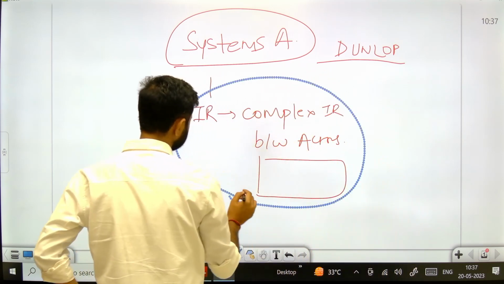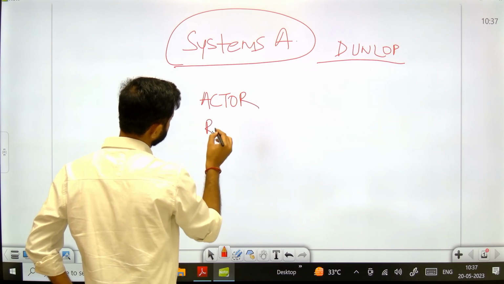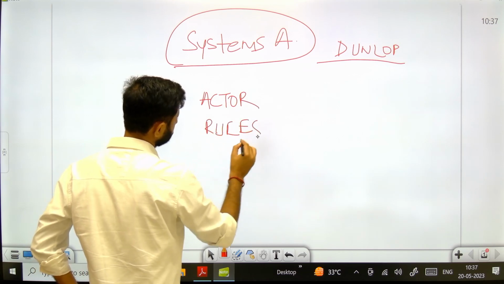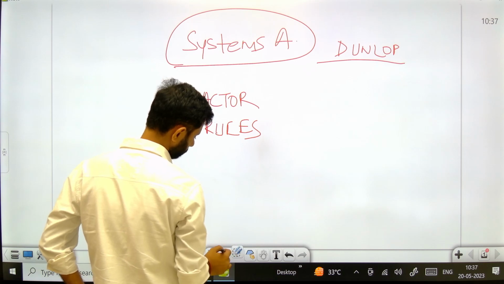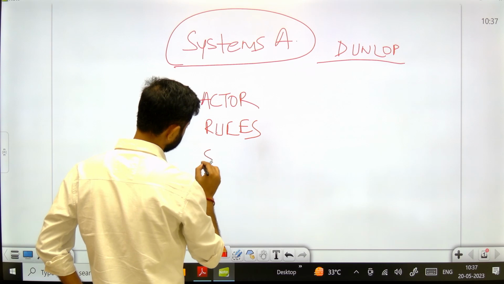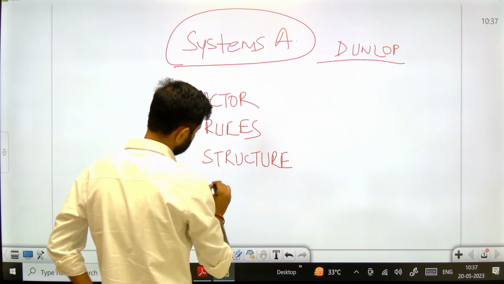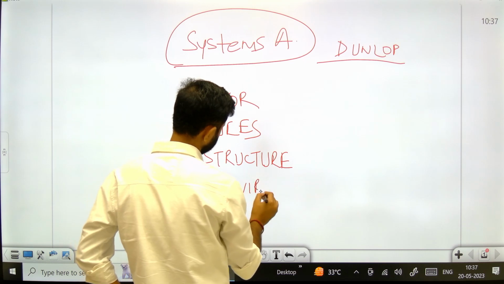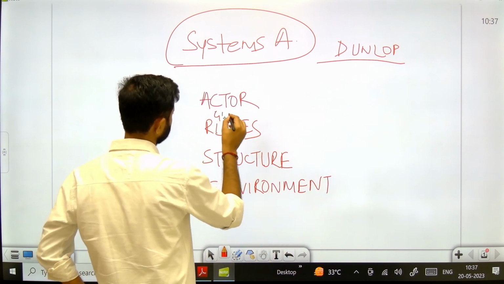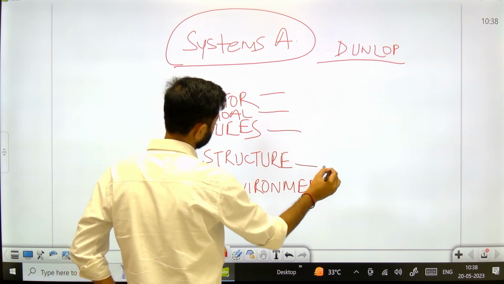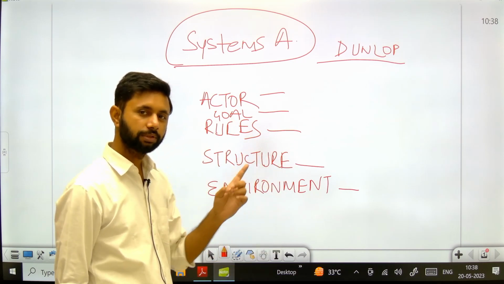What are the parts of his system? Let's understand this. Actor, goal, rules, structure, environment. These are the 5 parts of Dunlop's system approach.